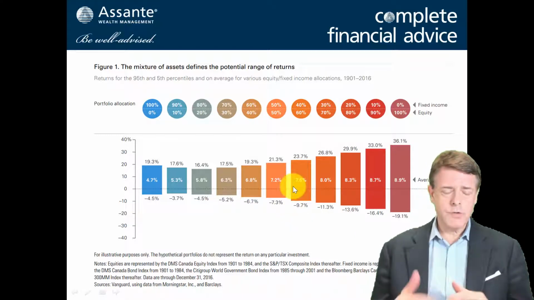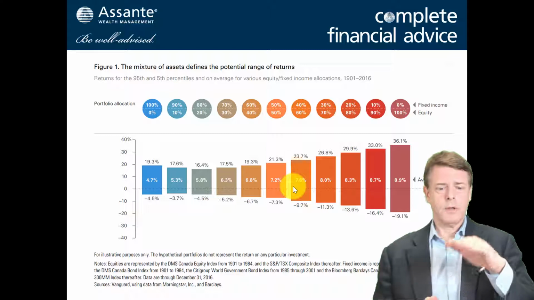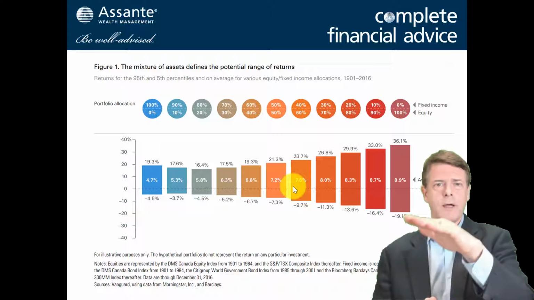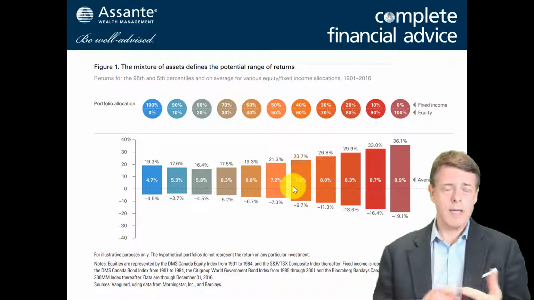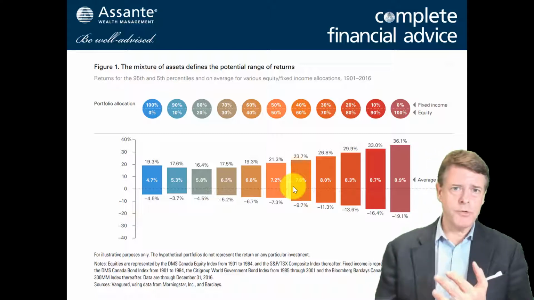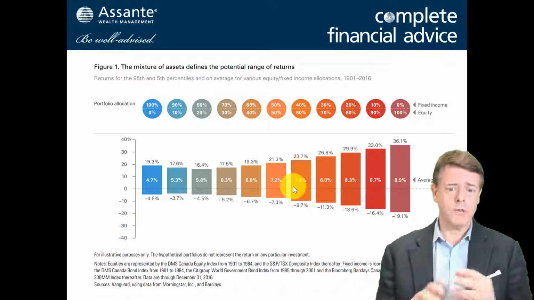So we can talk about average returns, but the mistake a lot of investors make is they just assume it's a straight, ongoing, I'm going to get my 7% a year with no fluctuation. It doesn't work that way. If you're getting 3% on guaranteed money, there's no fluctuation. If you're getting 5 to 6% on a portfolio tied to the markets, there will be fluctuation.